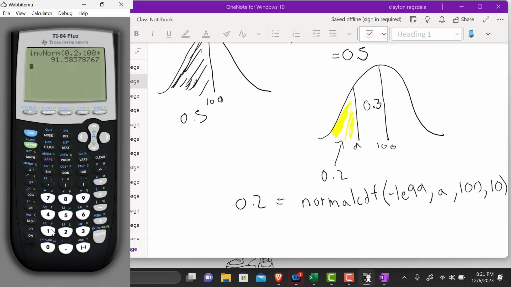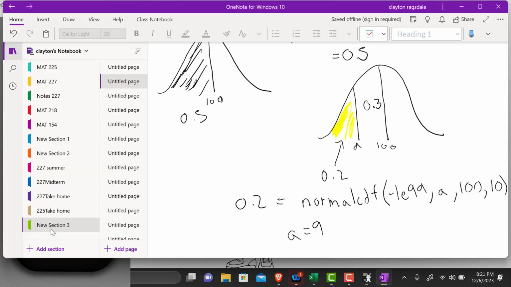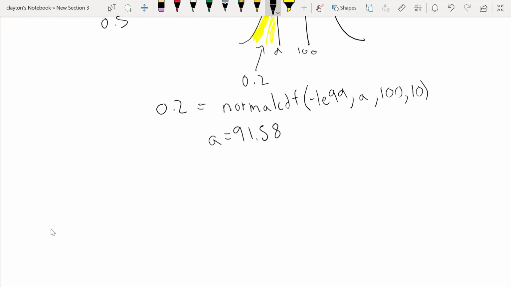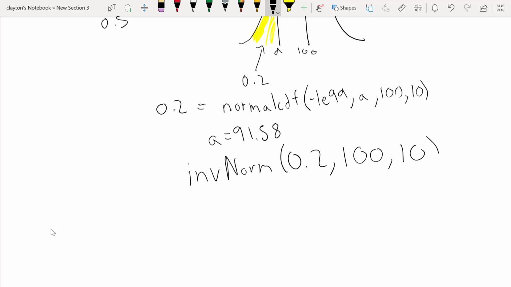So this tells me my A value is 91.58. So just so we have the calculator call right, it was not normal CDF, but I was giving you the same idea. InvNorm of 0.2, 100 for the mean, and 10 for the standard deviation. And this got you 91.58.